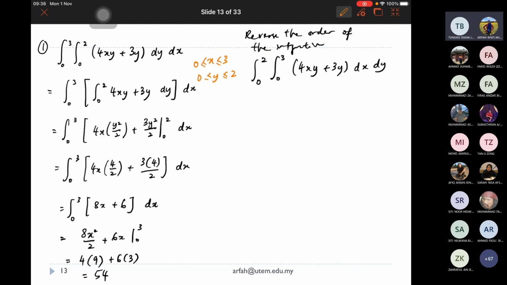So cuba settlekan. Reversing the order of the integration, what will you have? Dapat jawapan sama tak?